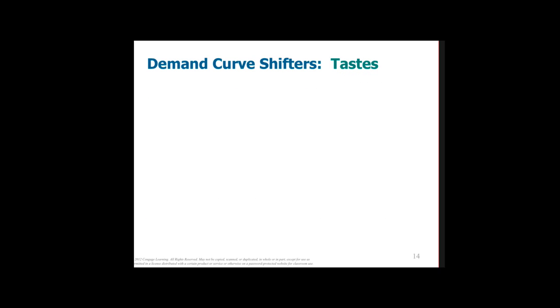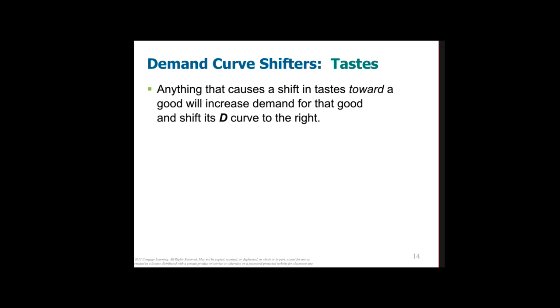Okay. I want you to learn this one as consumer tastes and preferences. It's important that you focus again on the consumer. So this is a change in consumer tastes and preferences. This one is very much about the weather and current fads and that kind of stuff.